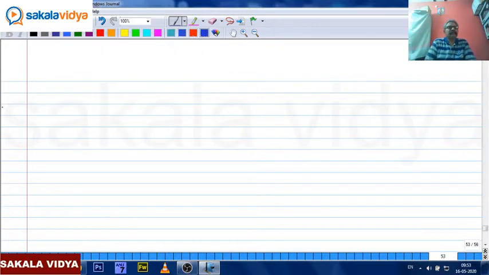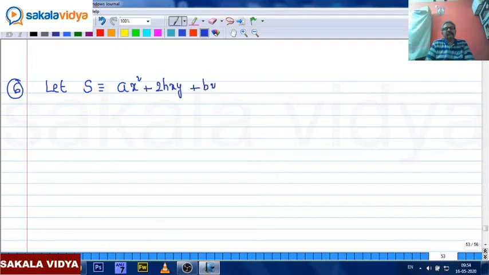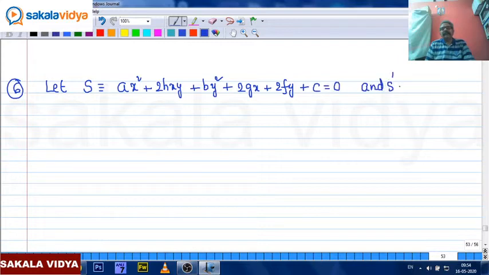Next, sixth point. Let S equals ax square plus 2hxy plus by square plus 2gx plus 2fy plus c equals to 0 and S dash is equal to ax square plus 2hxy plus by square equals to 0.